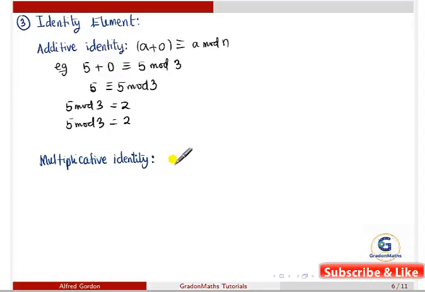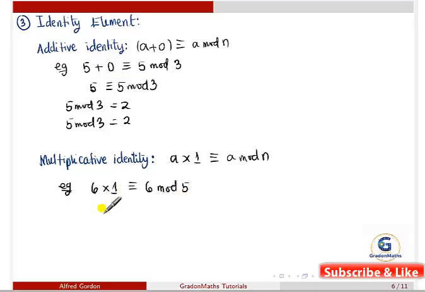However, for multiplication, we know our multiplicative identity is such a number that when you multiply it by a given number, it gives you the number back. So here we have A multiplying 1, which will be equivalent to A mod n. If I pick a number like 6, 6 times 1 is equivalent to 6 mod any given modulo. Let's use modulo 5.